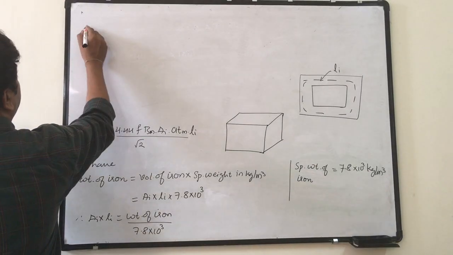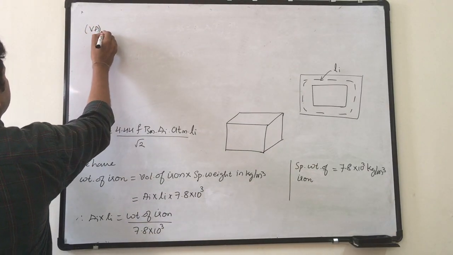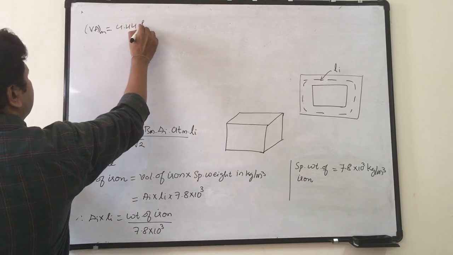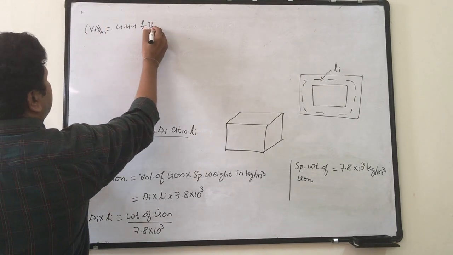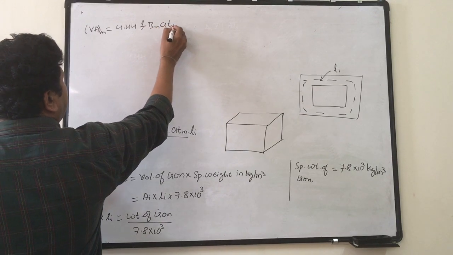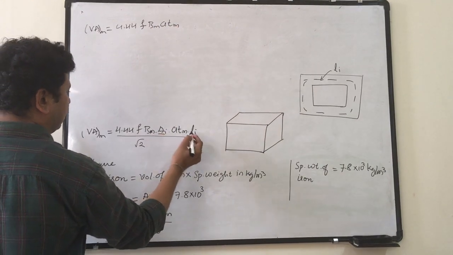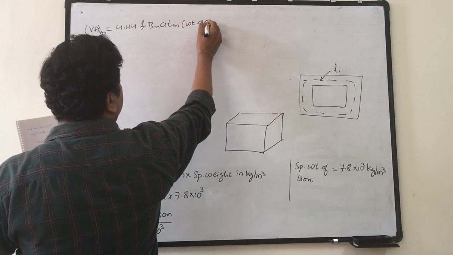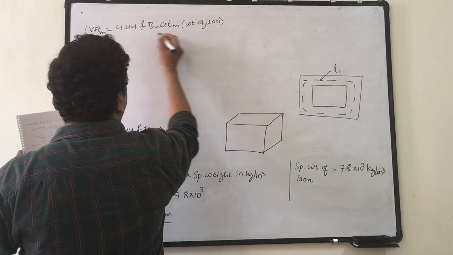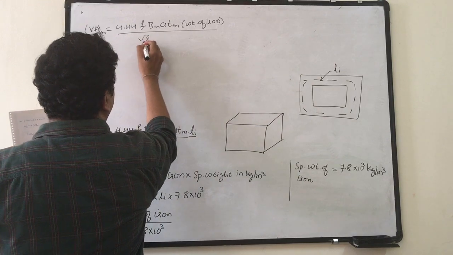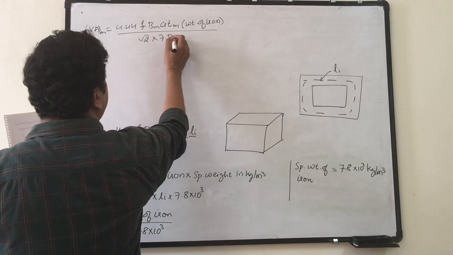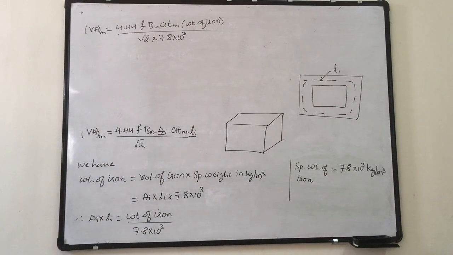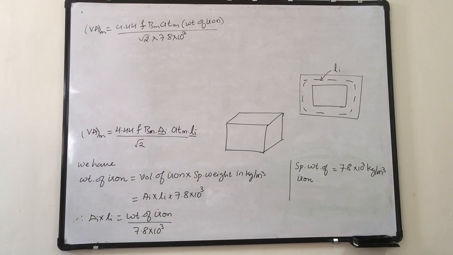So VAm is equal to 4.44 into F into Bm into ATm. I have Ai into Li here. In place of that, I will write the weight of iron divided by root 2 into 7.8 into 10 to the power 3.